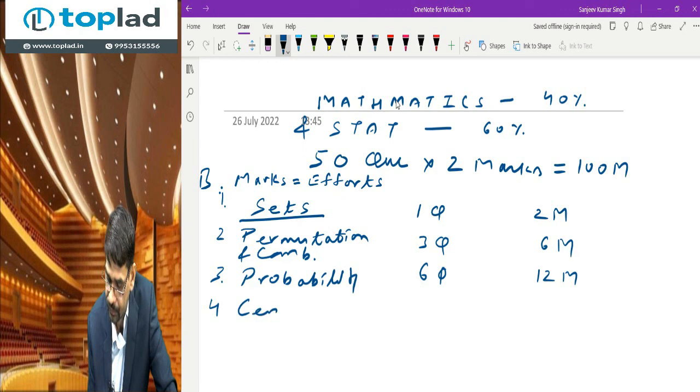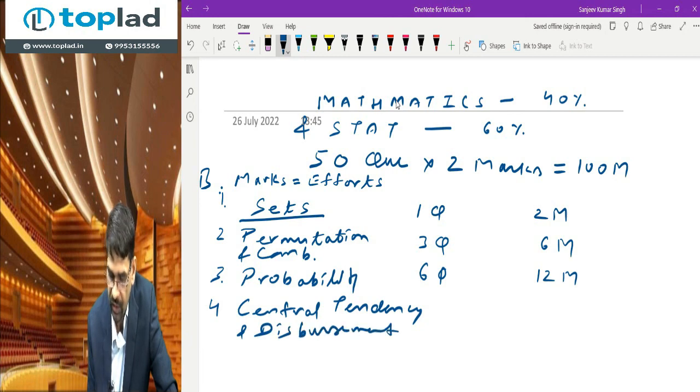The chapter name is Central Tendency and Dispersion. Can anyone tell how many questions our institute asked in previous years? Any guess?